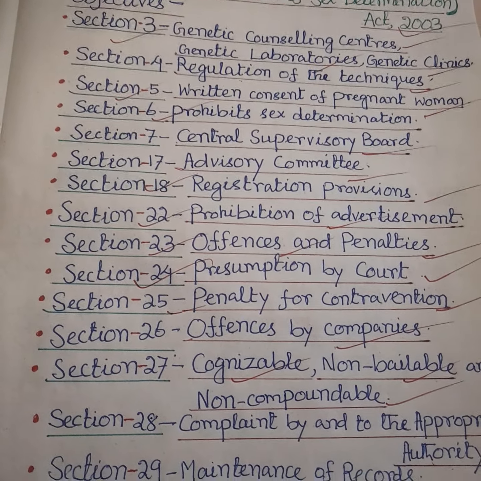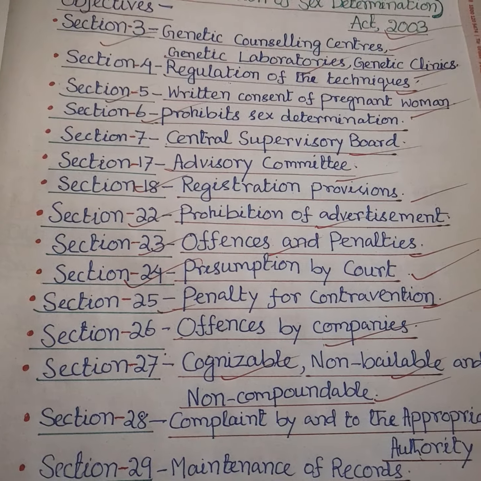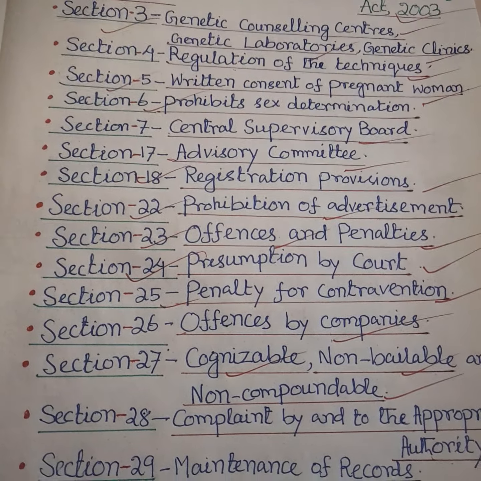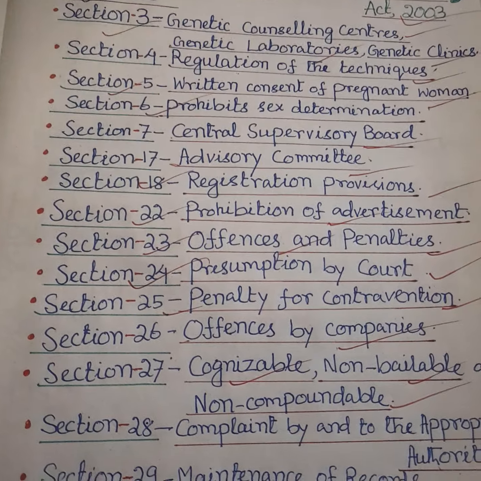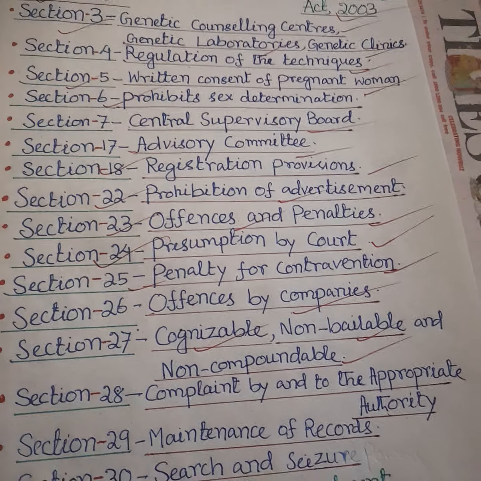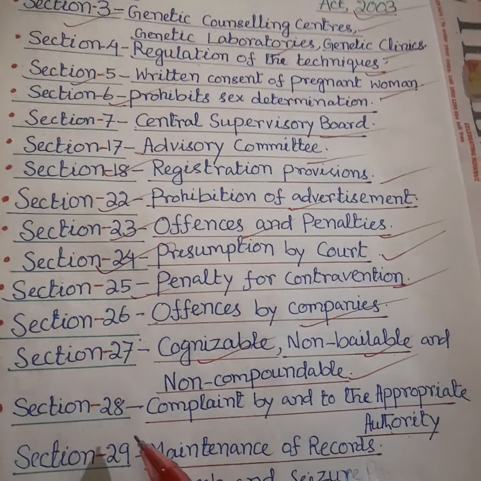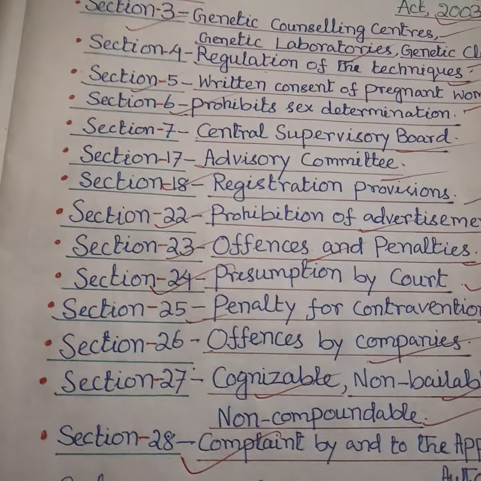The offences committed under Section 27 are cognizable, non-bailable, and non-compoundable. And as per Section 28, the complaint is made by and to the appropriate authority.